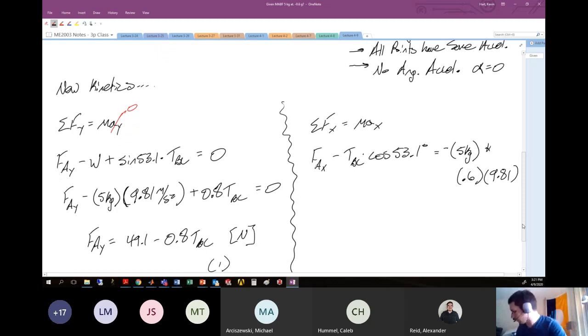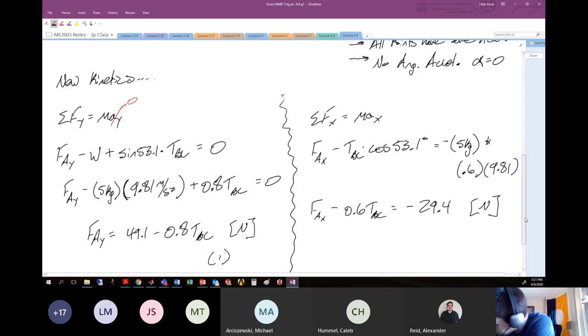All right, well, after going through the math, we end up with force A in the x direction minus, if you punch cosine 53.1 into your calculator, you get 6/10. So this will be 0.6 times tension BC equals, on the right-hand side, negative 29.4. The units here are newtons.